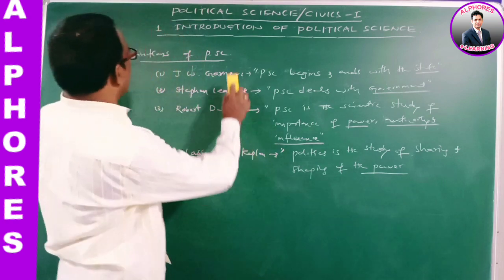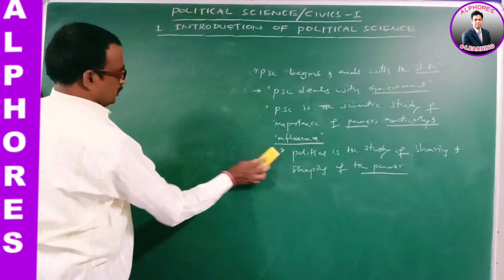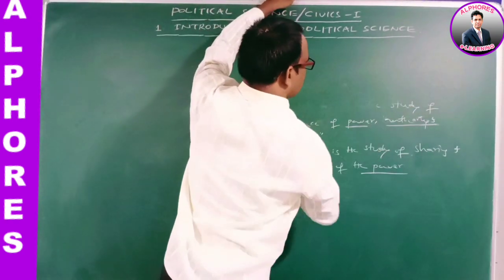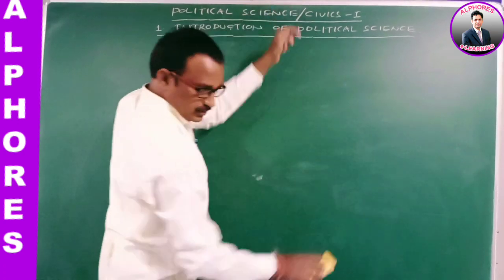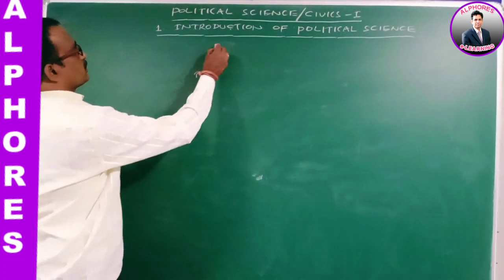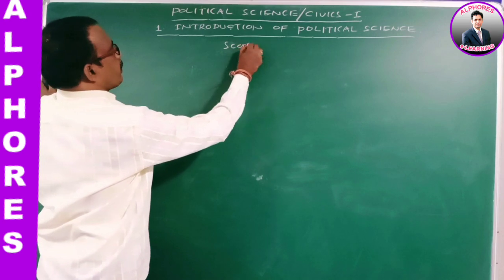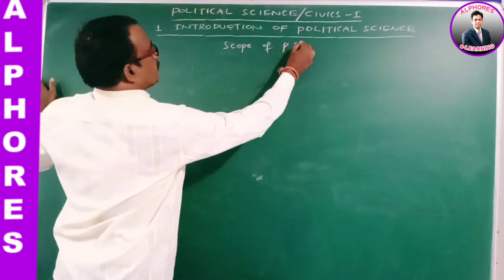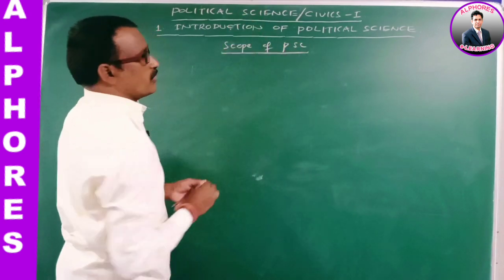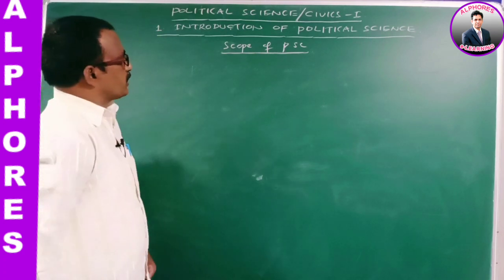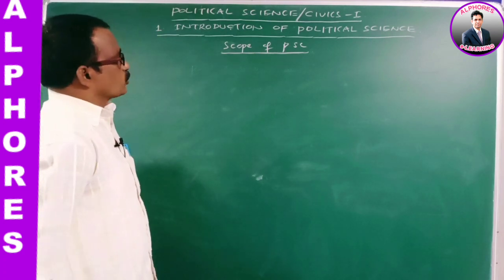Then, the most important topic in the first unit is the scope of political science. In scope of political science, we will study so many things.